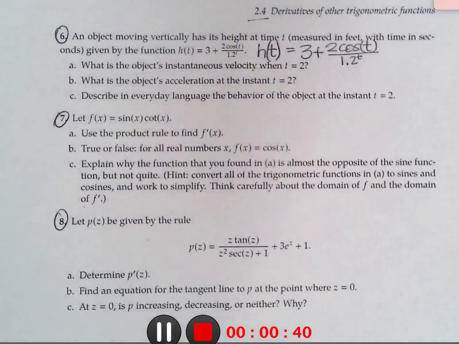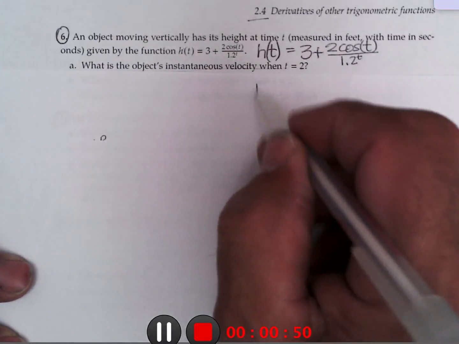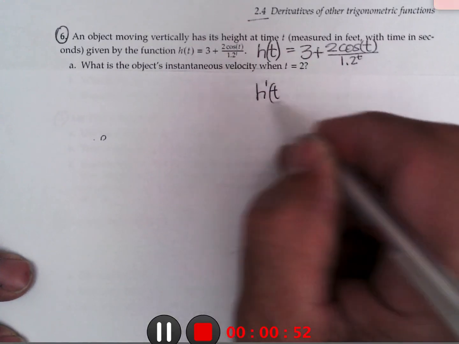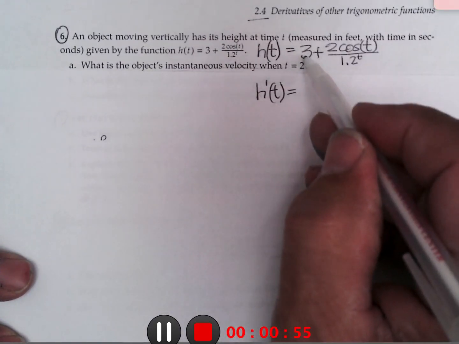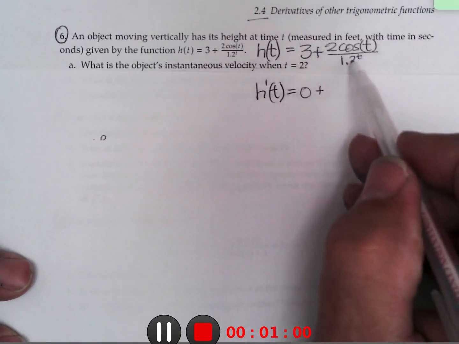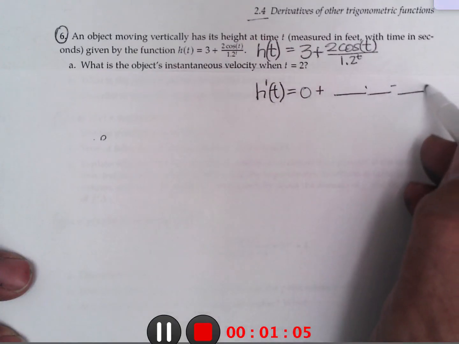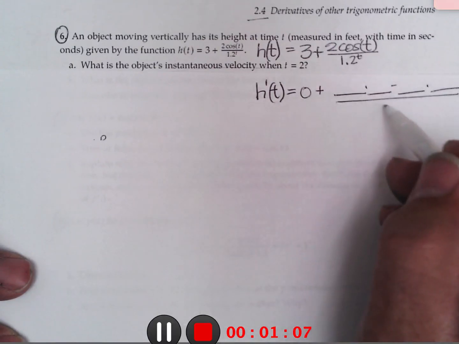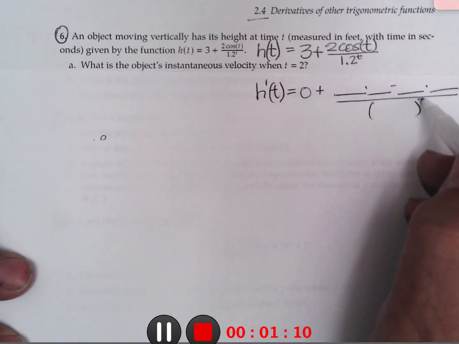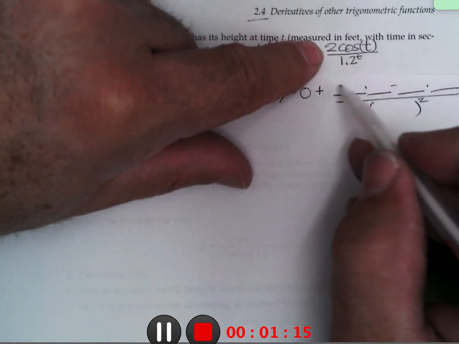I'm going to run out of room there, so let's pull in a sheet of paper. So h prime of t is going to be the derivative of 3, or 0, plus, now I have a quotient, so the derivative of the numerator. The 2 hangs around.